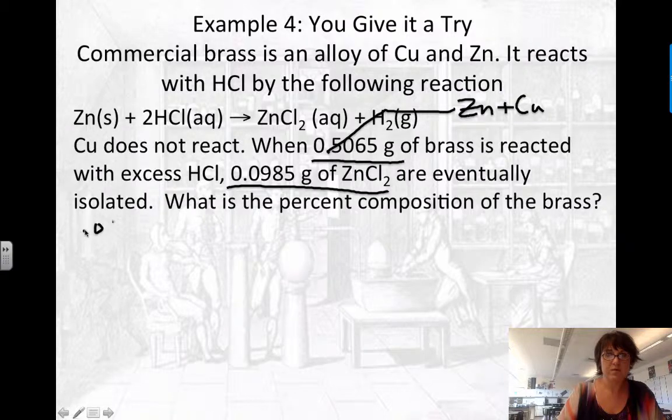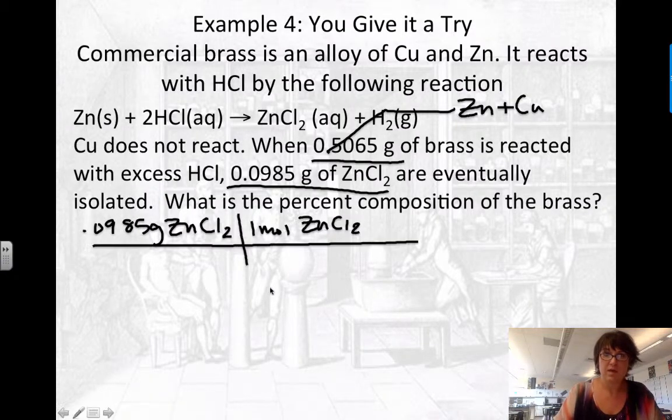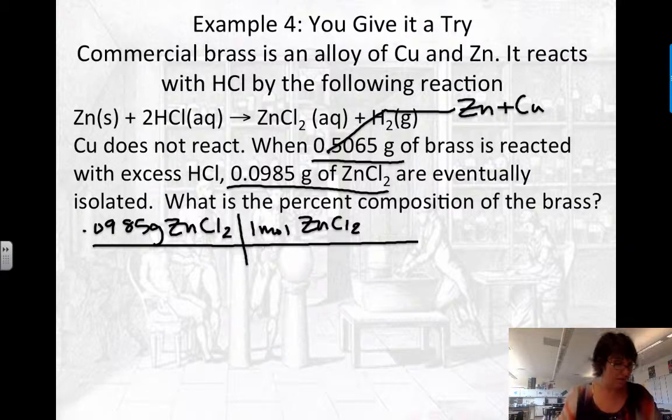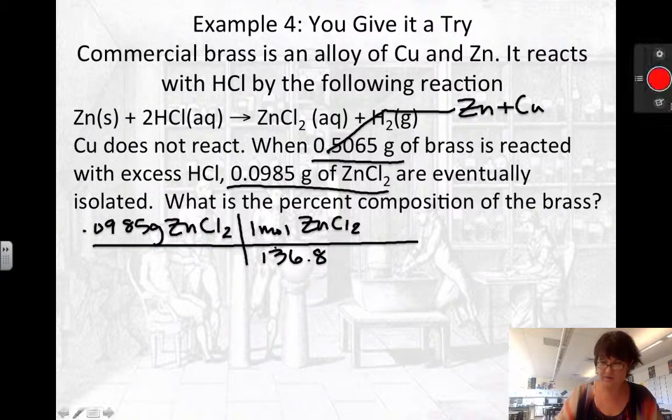I have 0.0985 grams of zinc chloride. And the molar mass of zinc chloride, let's see, I have chlorine is 35.5. How much is zinc? 60-ish? 65? Okay, so add those up. I got 136.28 grams, pardon me.